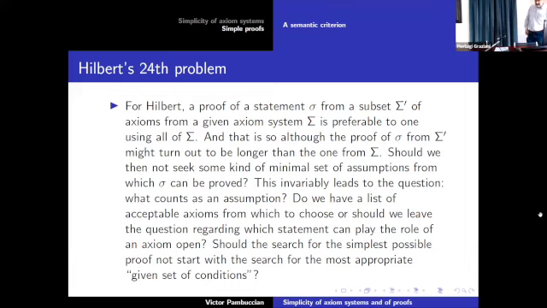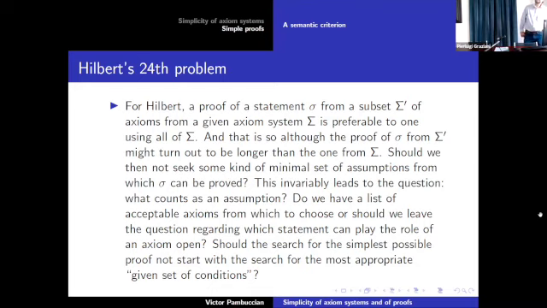But the problem is that if you use a subset, then your proof will become perhaps much longer and much more complicated. So how do you reconcile these? Should you seek a minimal set of assumptions from which sigma can be proved, or should you seek the shortest proof that you can get?